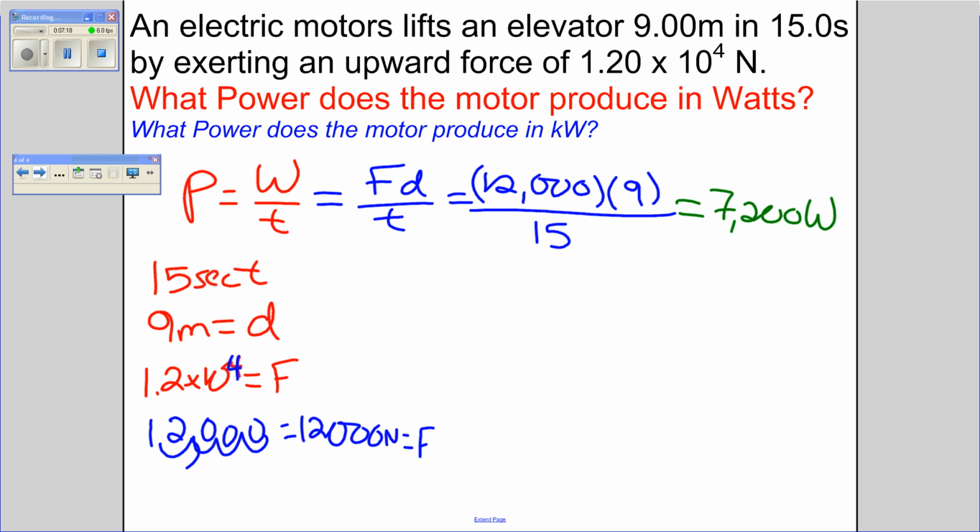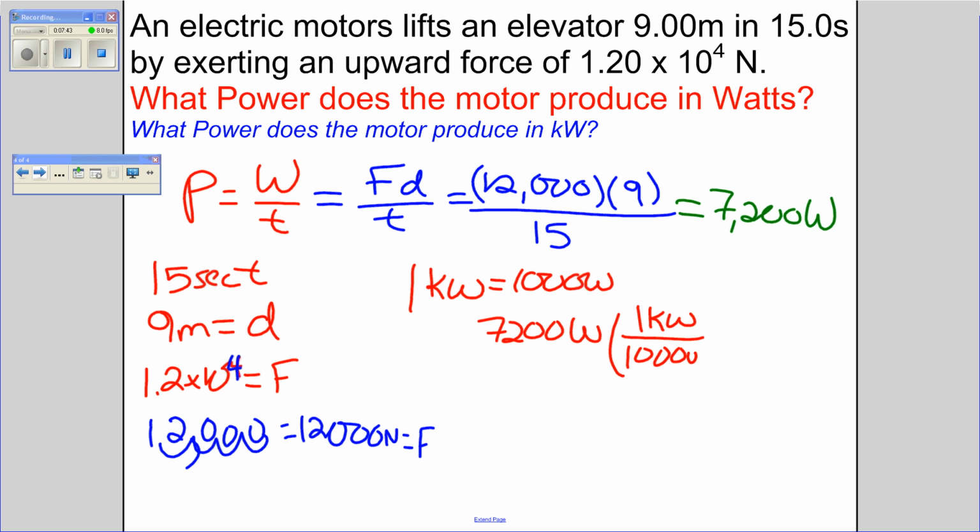Now, for the second part of the question, it deals with kilowatts. 1 kilowatt is 1,000 watts. So if we have 7,200 watts, and 1 kilowatt is 1,000 watts, then just like we did earlier in the year, the units can cancel out, and you end up with 7.2 kilowatts.